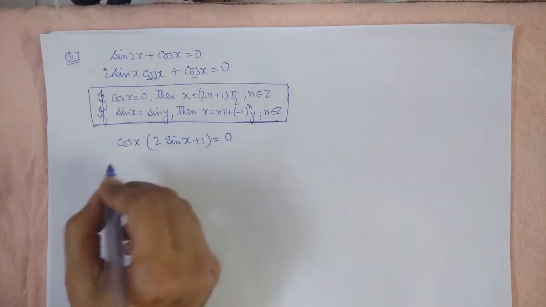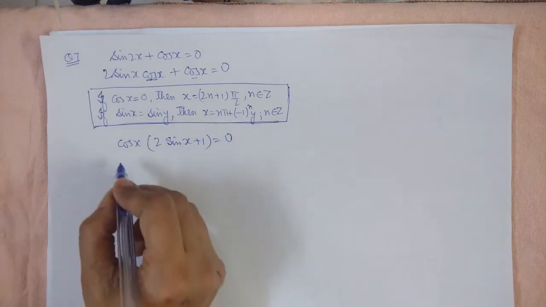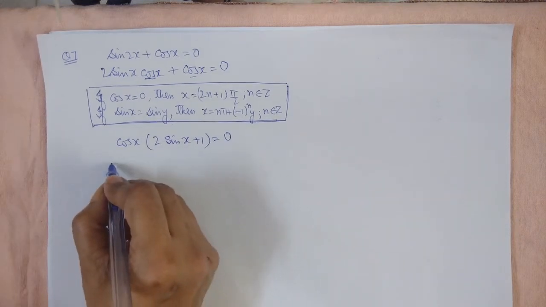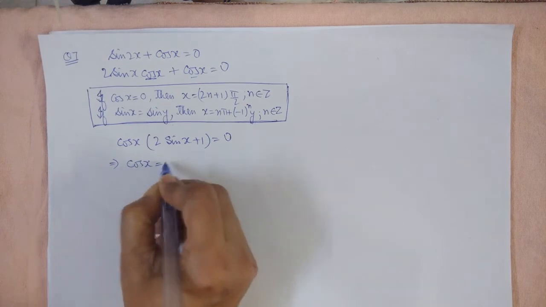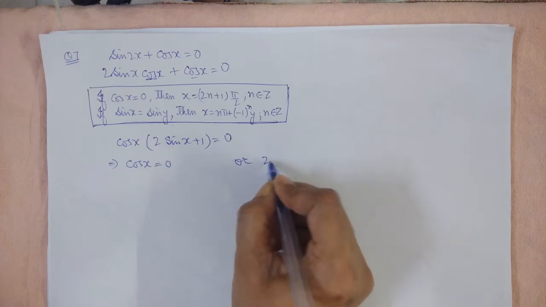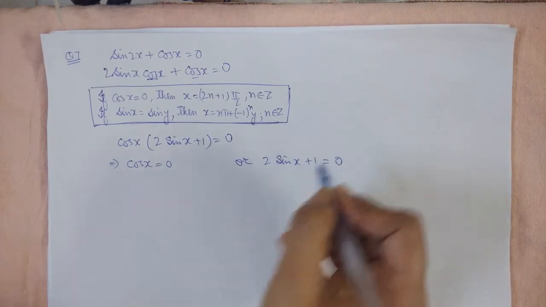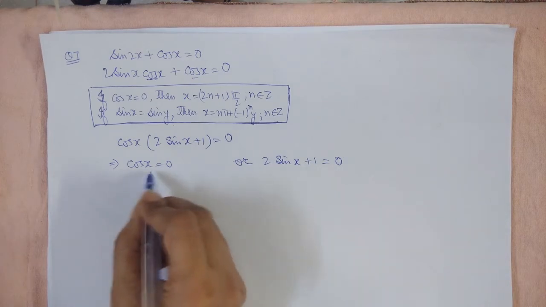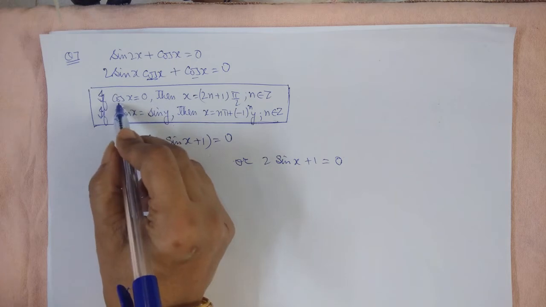Again the same concept: either this equals 0 or this equals 0. So we will write, this implies either cos x equals 0 or 2 sin x plus 1 equals 0. Now look at the identity or concept which you have to use.